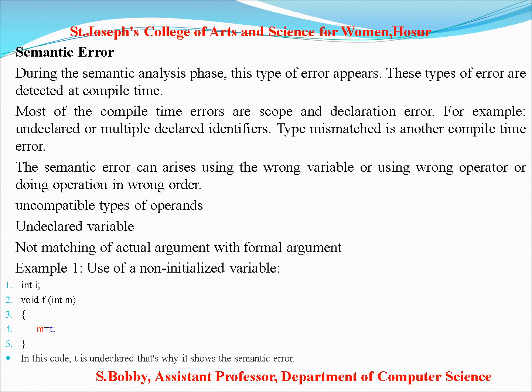See the example of a non-initialized variable: int i, void f, int m, open bracket, m equal to t, semicolon, close bracket. In this code, t is undeclared. That's why it shows the semantic error.